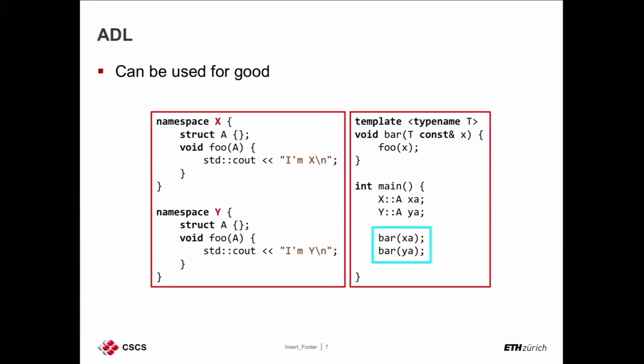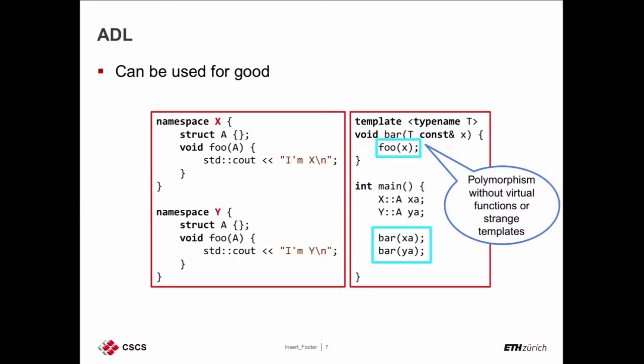Okay, so now we have the same syntax here that does two different things, right? In one case, it will print I'm X, and the other one, it will print I'm Y. What is this? It's basically polymorphism, right, without virtual function calls. One important point: you can place first the definition of bar and only then the definitions of foo, and it will still work.